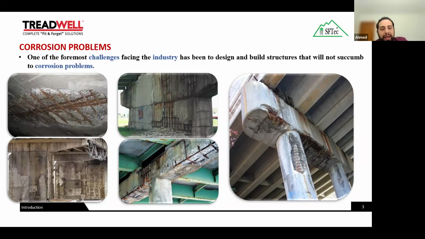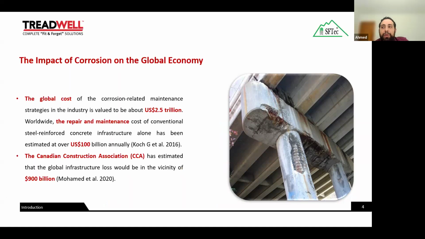As steel corrodes, it expands in volume, which causes internal pressure within the concrete, cracking of the concrete cover, and eventually spalling and structural deterioration. This issue is particularly serious in structures such as bridge deck slabs exposed to icing salts, marine structures, wastewater facilities, and in general infrastructure projects.